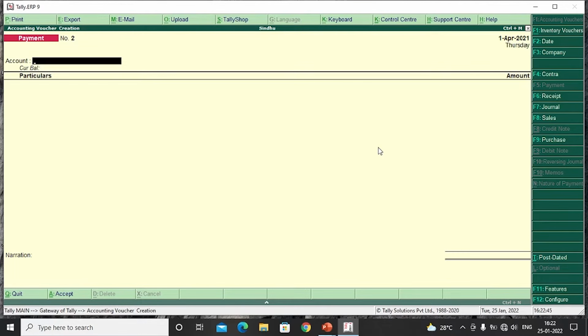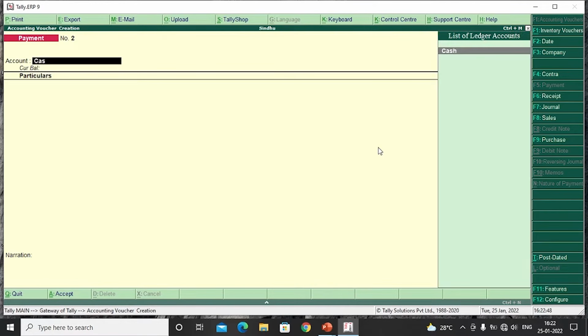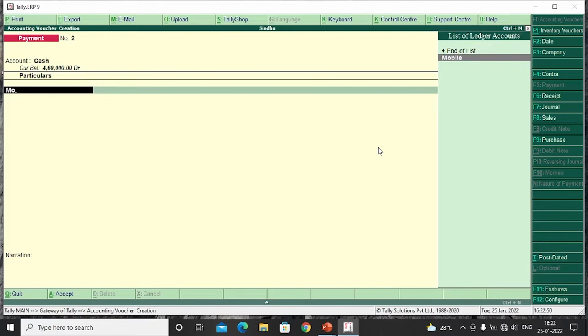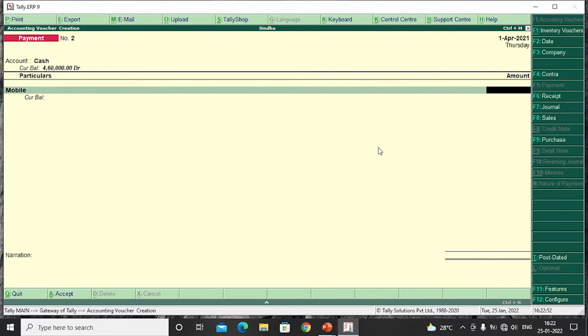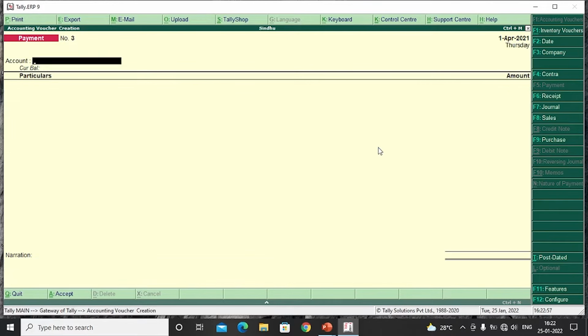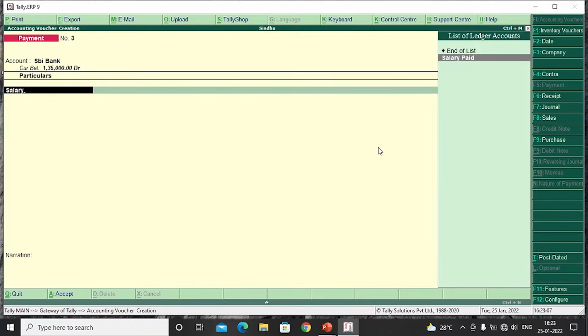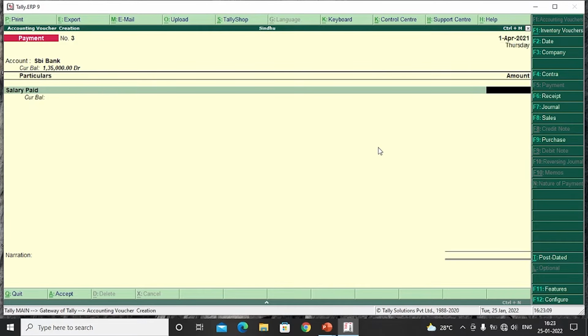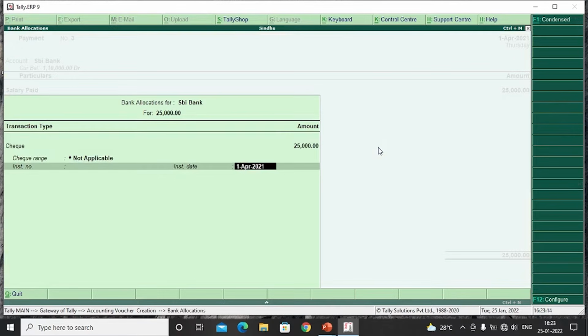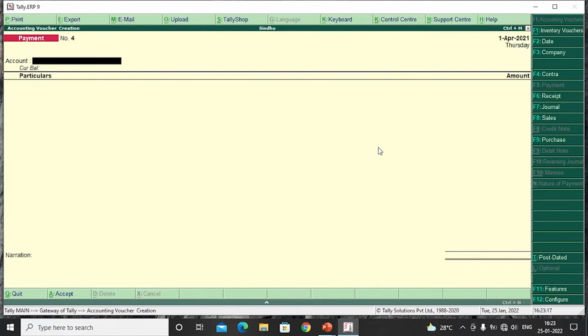It should also be entered in a payment voucher, cash, mobile, and the amount is 15,000. Now press Ctrl plus A. Next, salary paid through bank. Select bank, salary paid. Amount is 25,000. Accept the voucher.